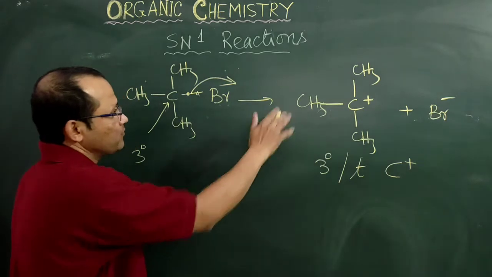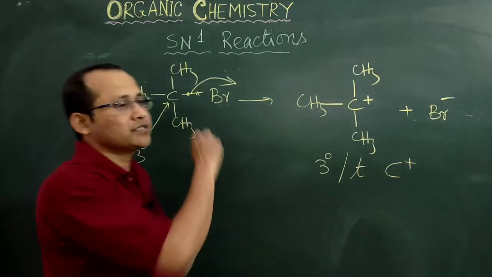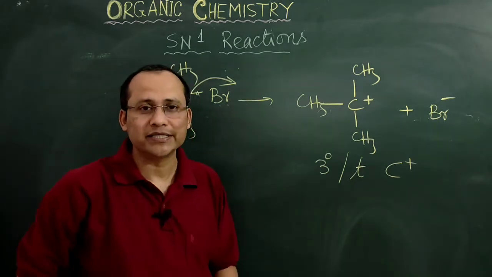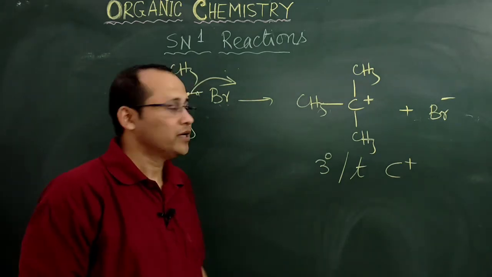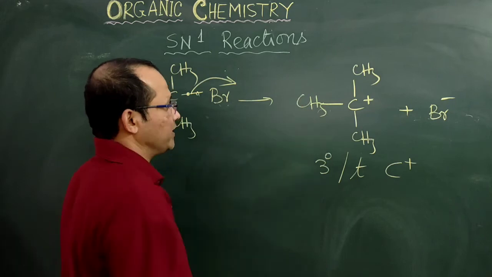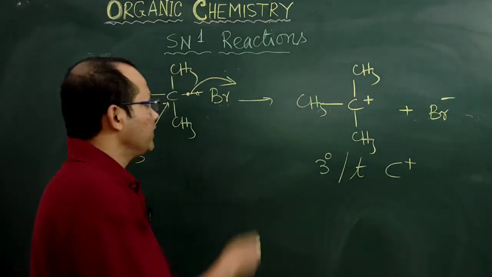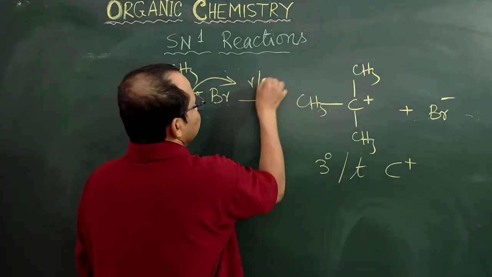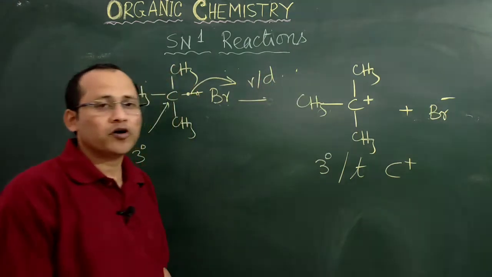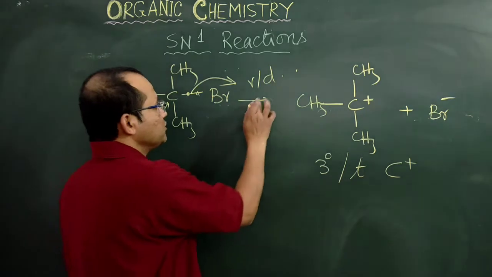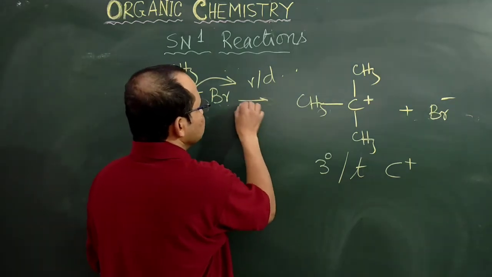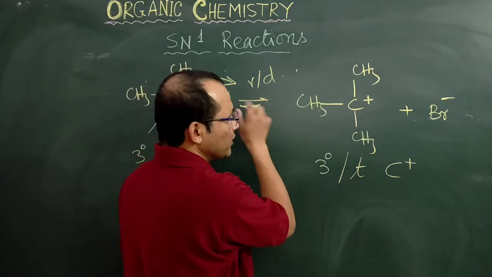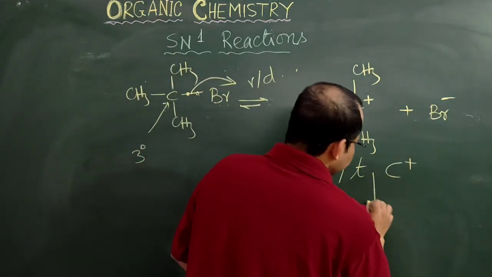And look, in this process there is no role of sodium hydroxide, which is already present in the reaction medium. So this reaction takes place in the first step, and this is the major step. This is called the rate determining step for the reaction, and it is the slowest step, slower compared to the next step.